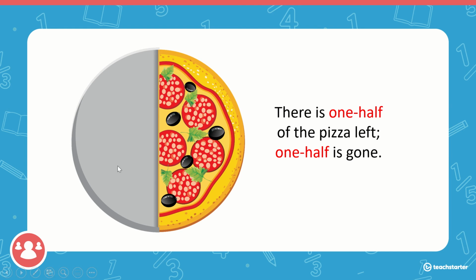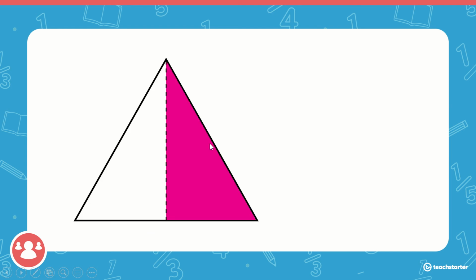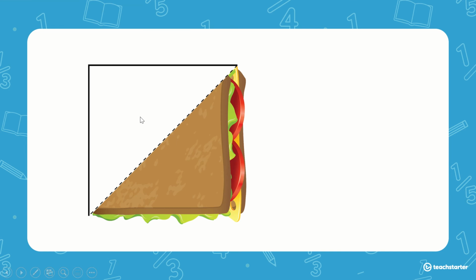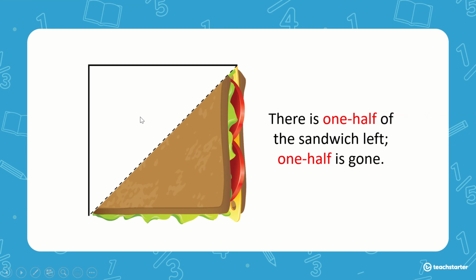So that's 1/2 gone, 1/2 that's left. You could even have a triangle, and then 1/2 of the triangle is pink, and then 1/2 of the triangle is white. Or you might have a sandwich. So your sandwich could be half gone or half eaten. Okay? And then you have 1/2 of a sandwich left.